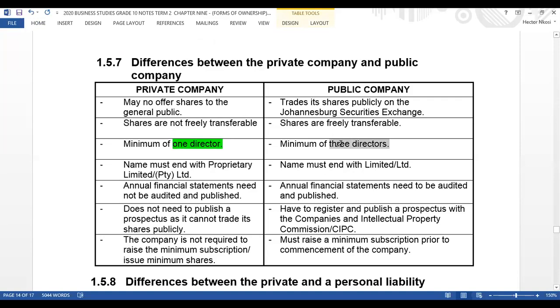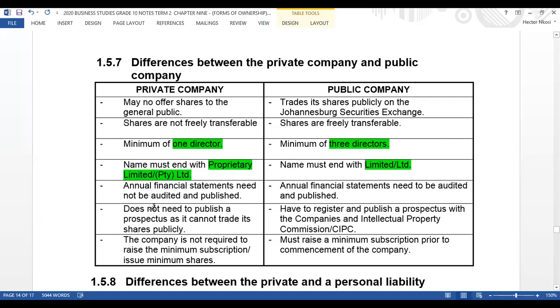Also, under a private company, your name must end with PTY Limited, proprietary limited. PTY stands for proprietary, LTD stands for limited. Under a public company, the name just ends with LTD, without proprietary.